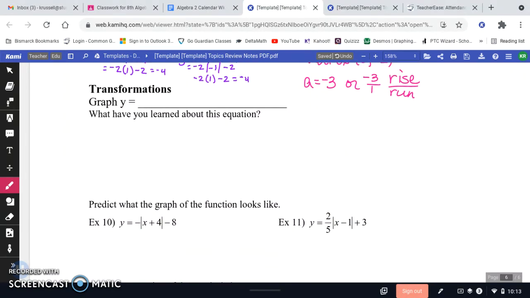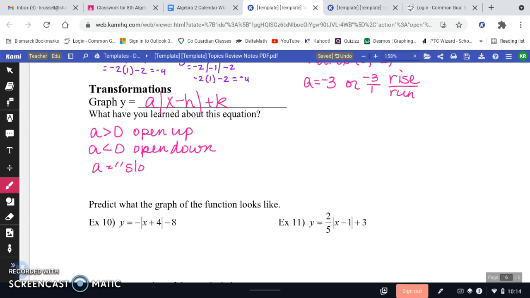Okay, so let's look at it from this perspective. A times absolute value of x minus h plus k. If A is a positive number, your graph is going to open up. If A is a negative number, that graph is going to open down. Also, that A kind of acts like slope.